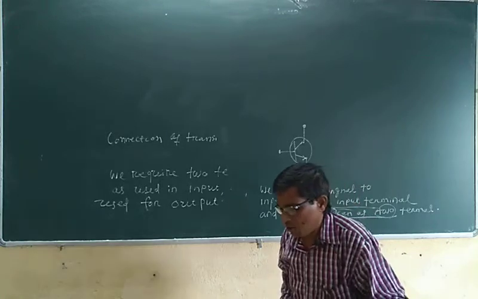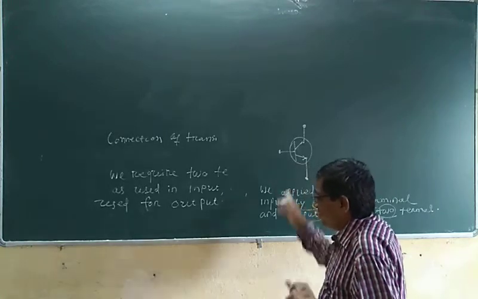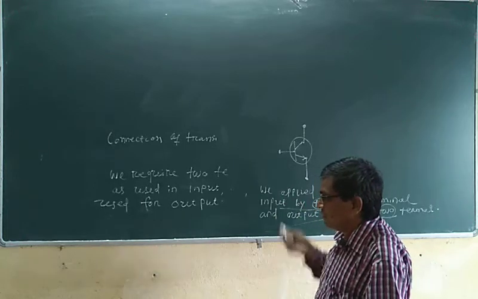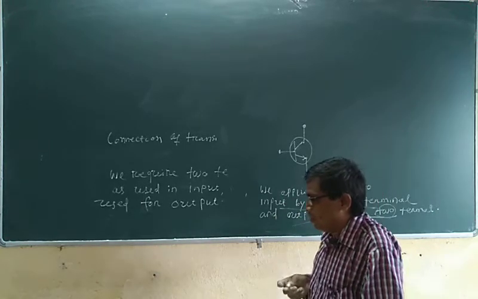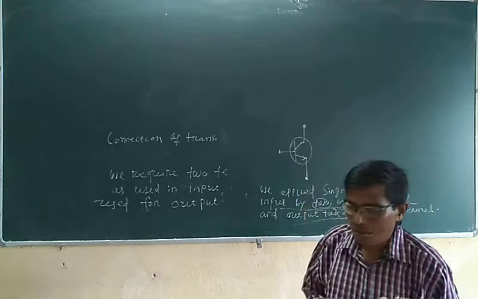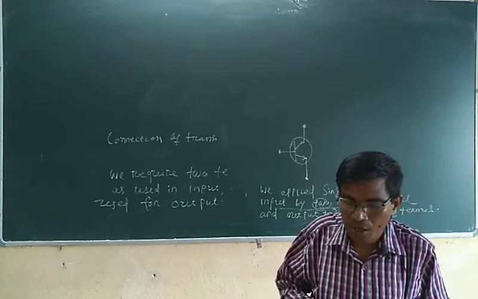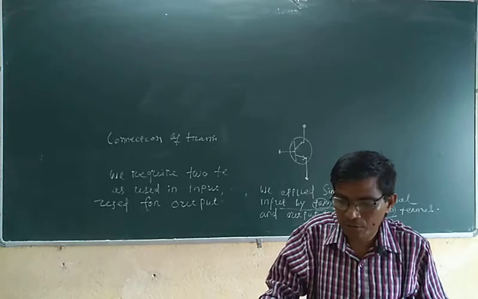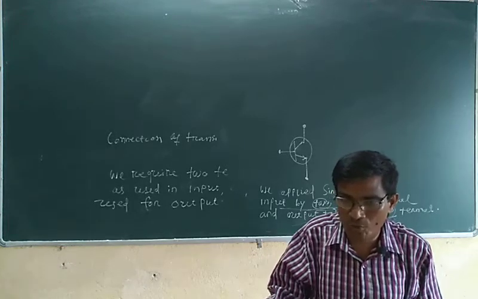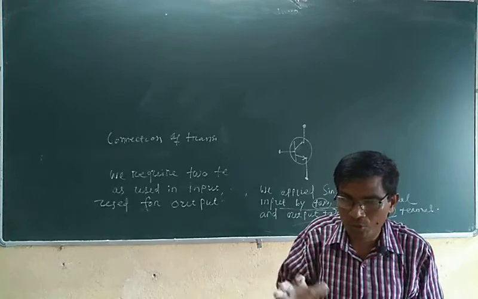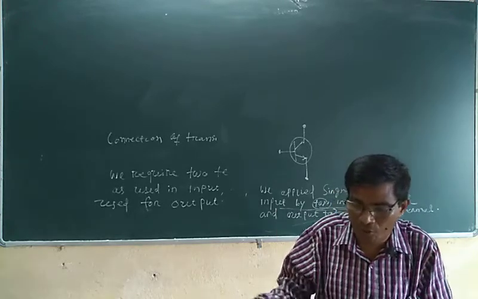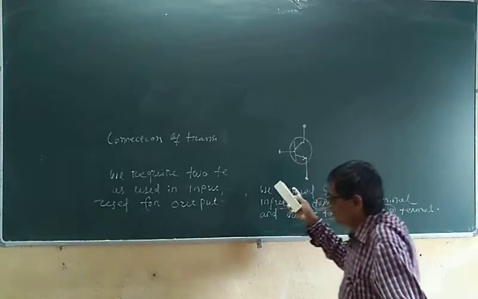This is used in the connection of a transistor in a circuit. Now we use 2 terminals for input and 2 terminals for output. The 4 terminals are required, so we take one as common at any point.